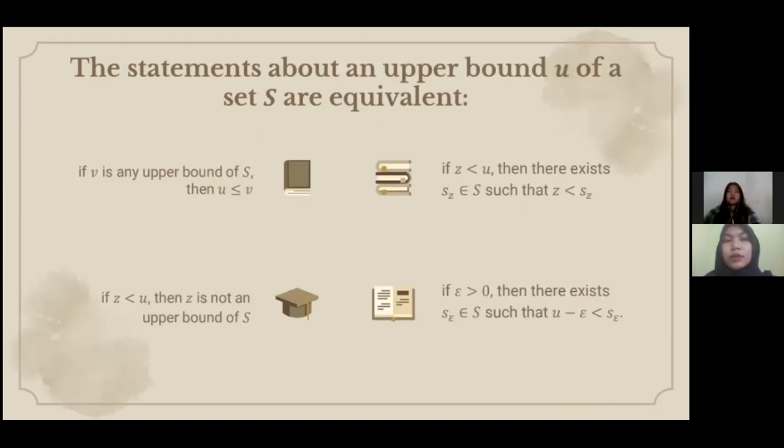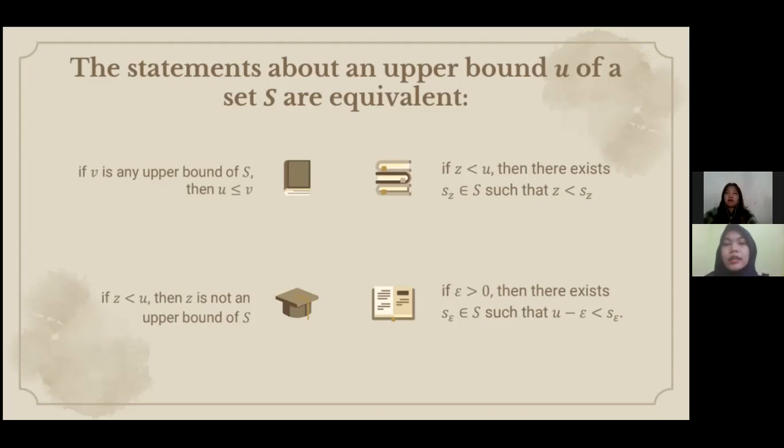The statements about an upper bound u of set S are equivalent. If v is any upper bound of S, then u ≤ v. And if z < u, then z is not an upper bound of S. Next, if z < u, then there exists s_z in S such that z < s_z.